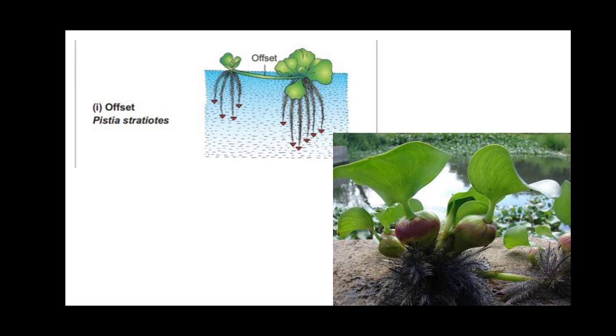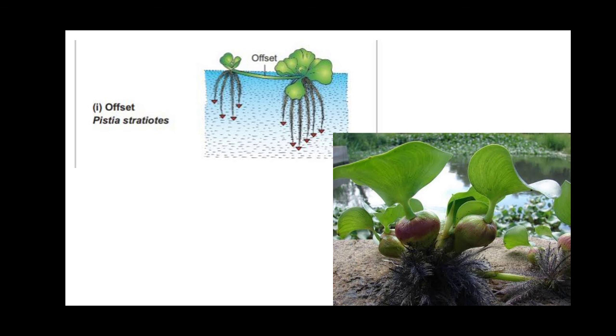If you can focus on this image at the bottom, you will find that in these two plants that were shown, there is a green color stem that is connecting the root region of this plant, this fibrous root region that we are seeing out here. In between that, there is a straight, green, thick stem. That one is what we call the offset.